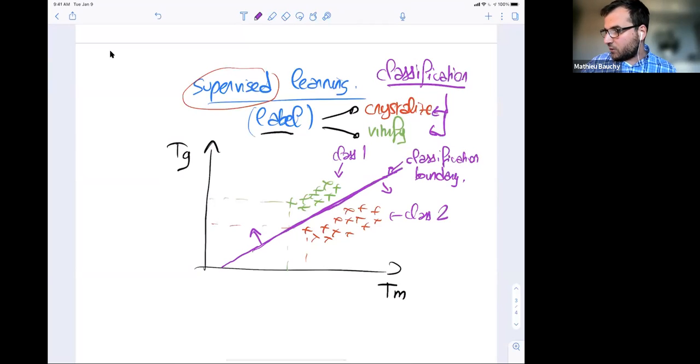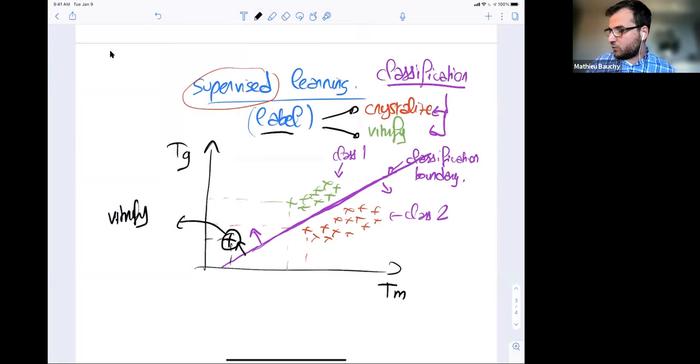And once you have found this boundary, it means that in the future, if you have a new glass for which you have measured its glass transition temperature and its melting temperature, you would be able to say that since this glass is above the decision boundary, I predict that this thing will vitrify.